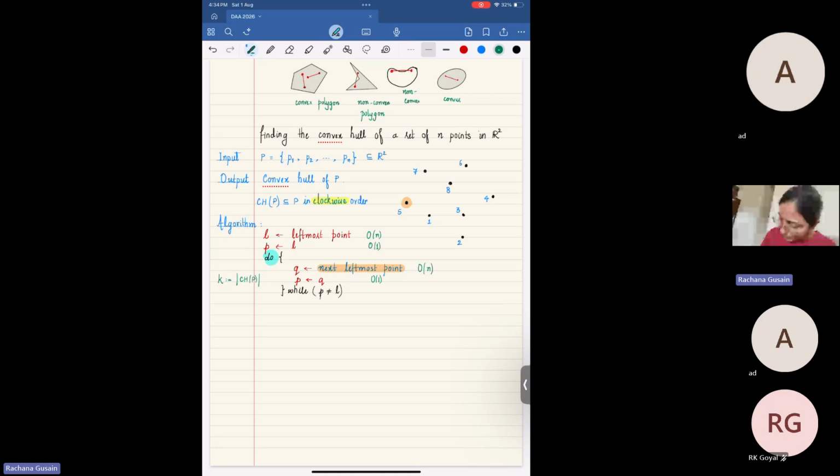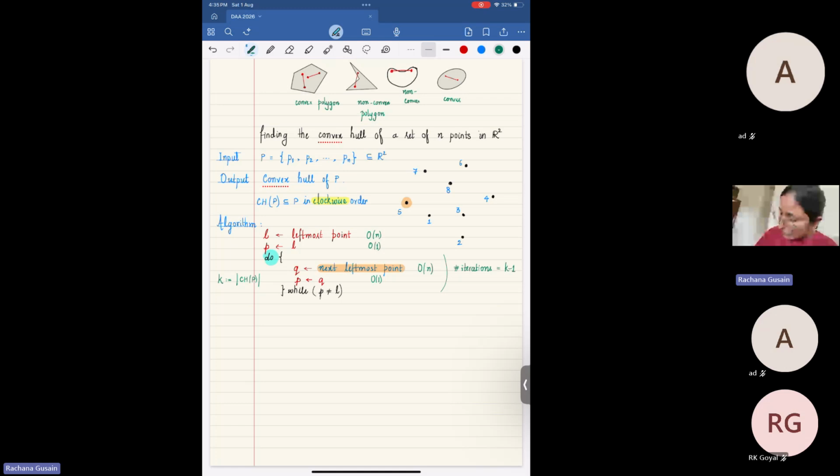Yeah, so it is order k, right? One less, because 5 I had already found. The remaining k minus 1 iterations I'll need to perform. So the number of iterations is k minus 1.